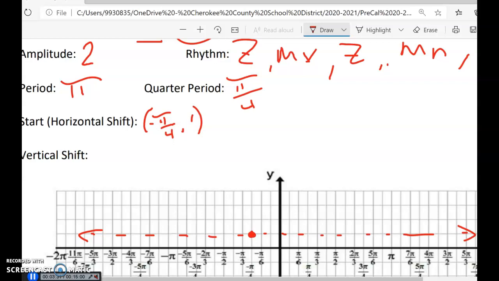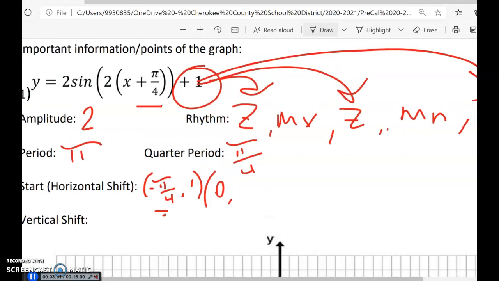Like I said, instead of it being 0, we've now shifted the entire graph up 1. And so I'm going to add pi over 4 to every one of these values here. So negative pi over 4 plus pi over 4 is 0. And this is going to be my max. So now when I go to look at my max, I have to look at my amplitude. My midline plus my amplitude is my max. My midline's 1 and my amplitude is 2, so I'm going to add 2 to that, and this is going to be 3.